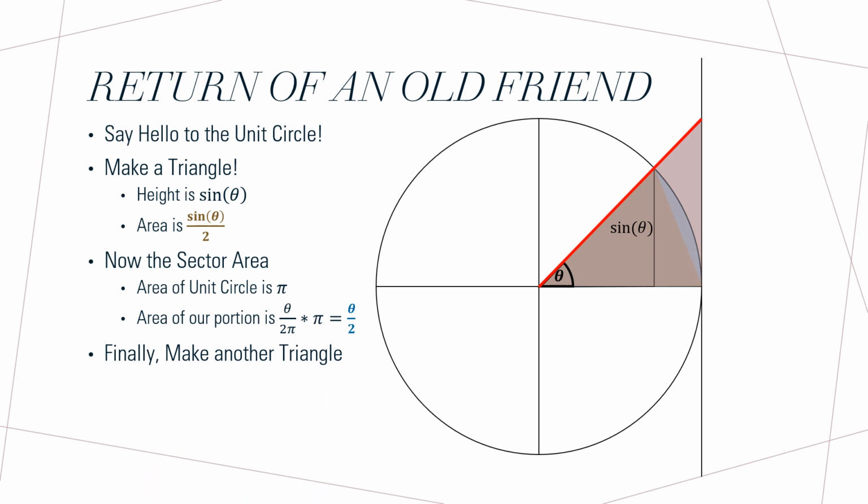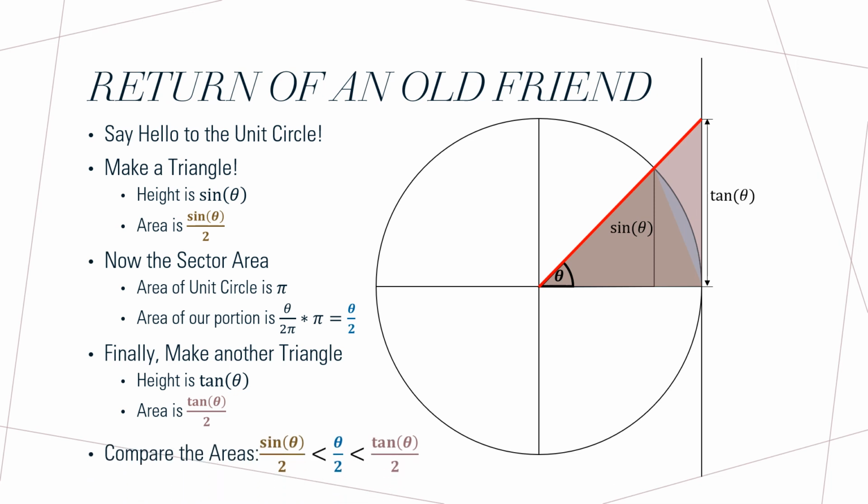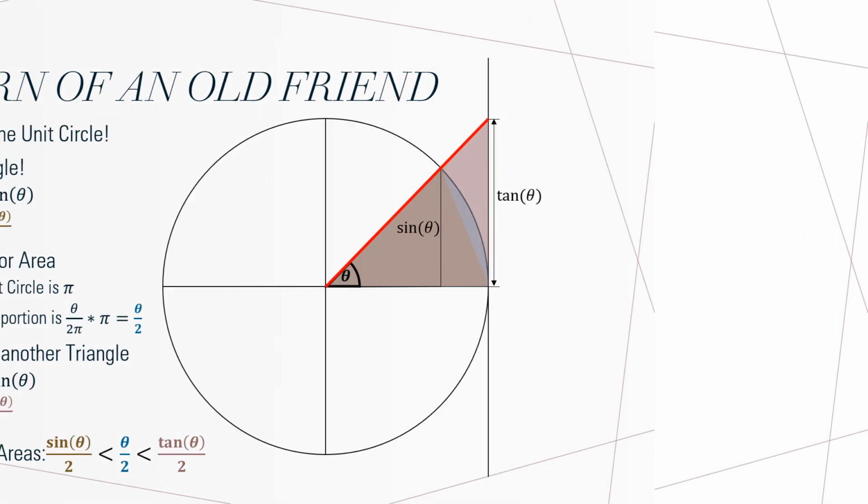Now we can make a third triangle whose height is tangent theta, and the area of that triangle is tangent theta over 2. So we compare these three, and we can see that sine theta over 2 is less than theta over 2 is less than tangent theta over 2. So this is going to be really important as we go through and try to evaluate our limit, which we'll get to in just a second.